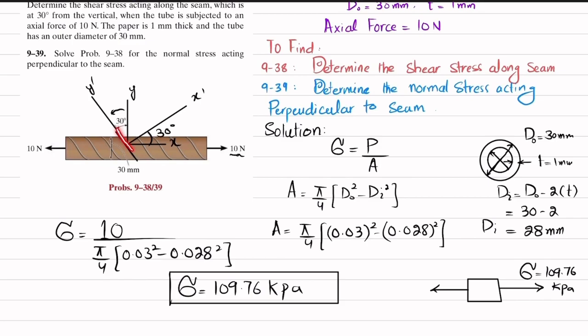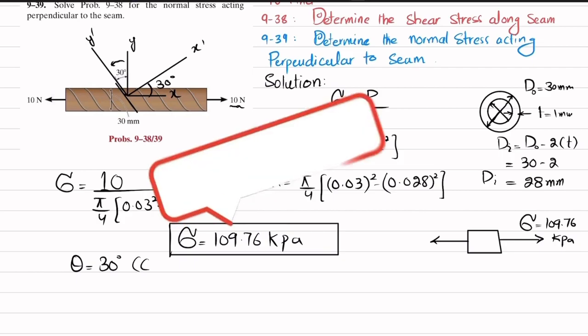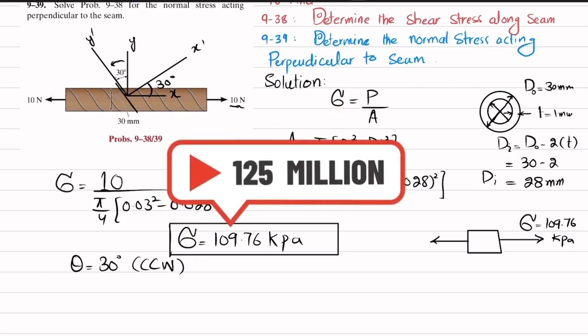We are going to find the shear stress along this seam and the normal stress perpendicular to this seam along the x dash direction. So theta is 30 degrees counterclockwise.